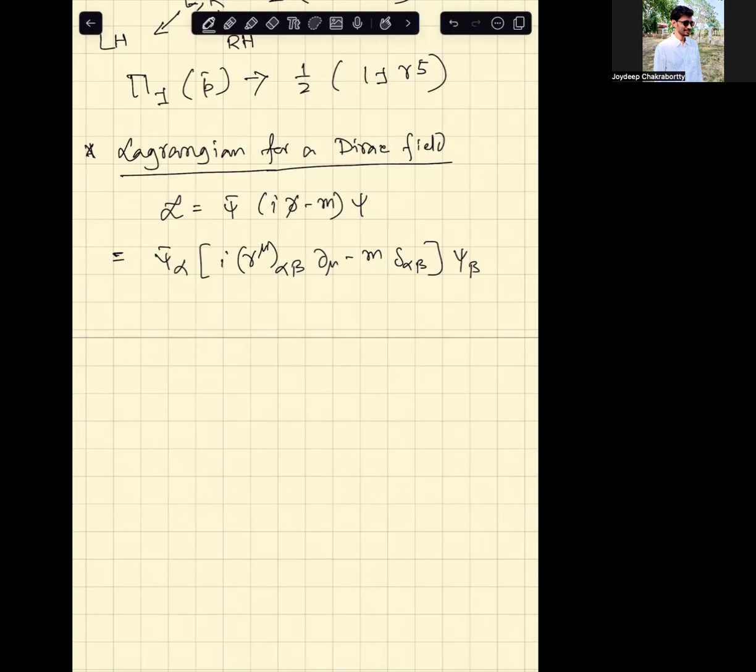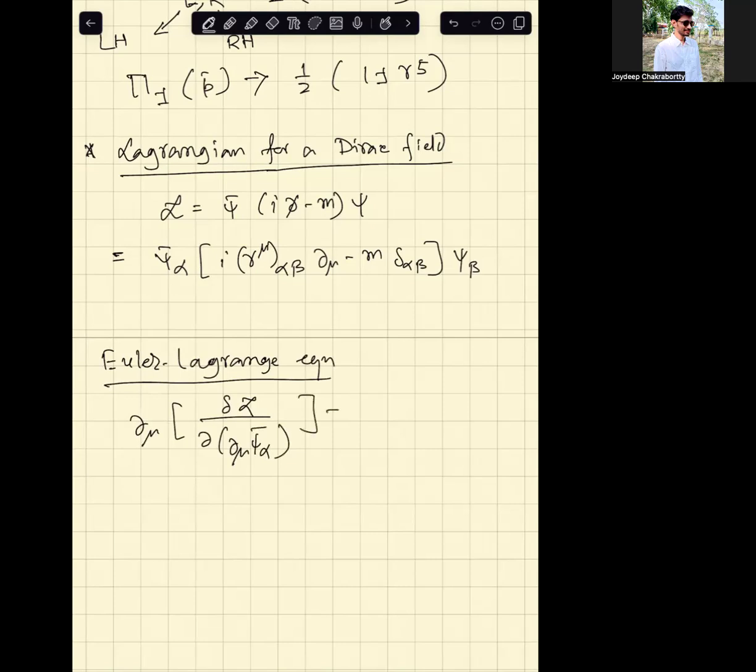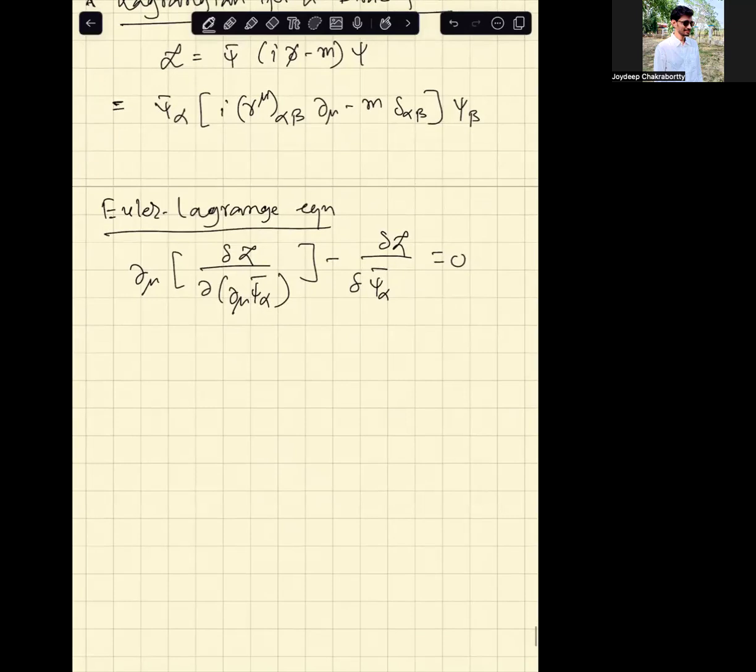Now, if you find out the Euler-Lagrange equation, what we find out is the following. Euler-Lagrange equation: del mu of delta L over delta of del mu psi alpha bar, minus delta L over delta psi alpha bar, equal to 0. And if you do that, what you will find out is the Dirac equation.